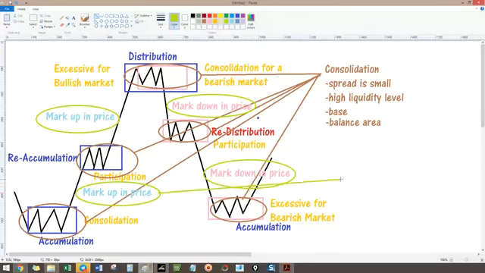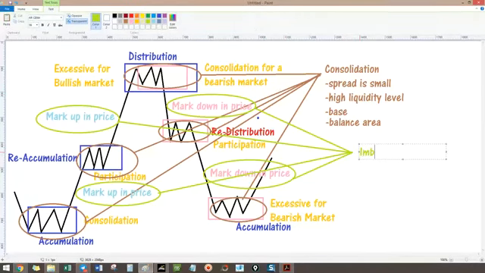so all of this is called imbalance. Imbalance.